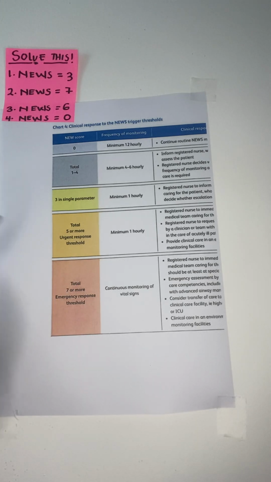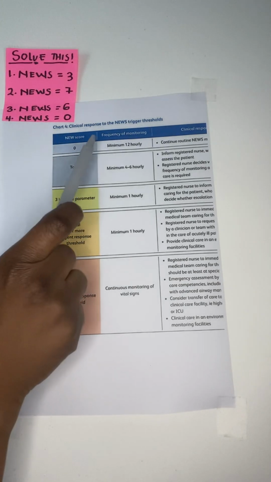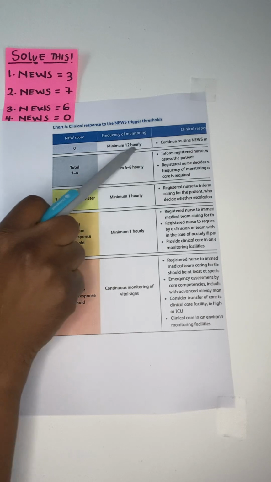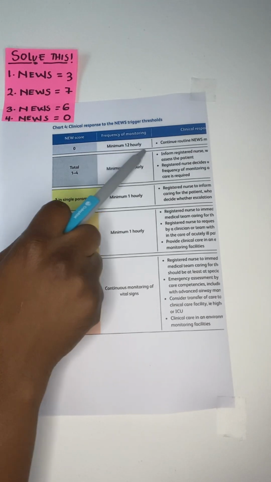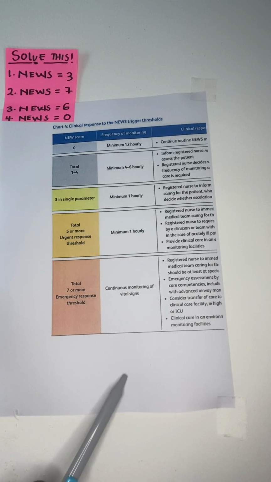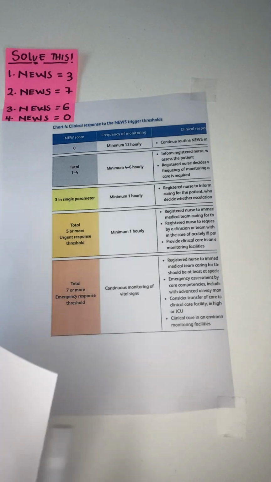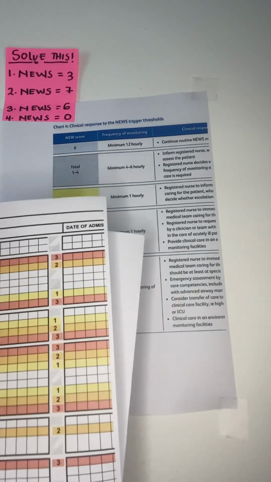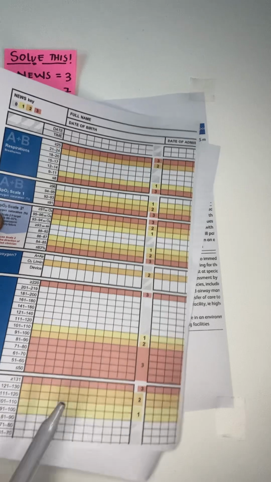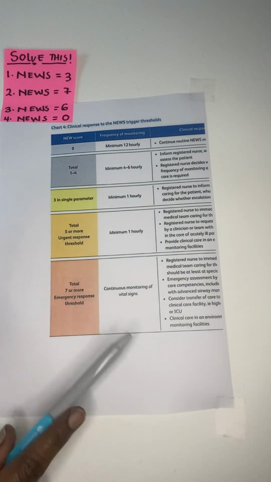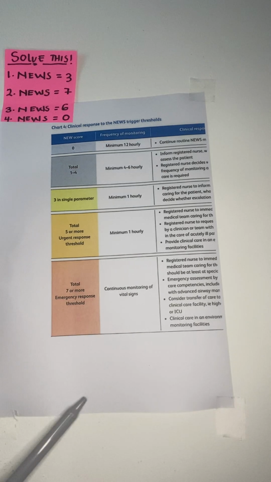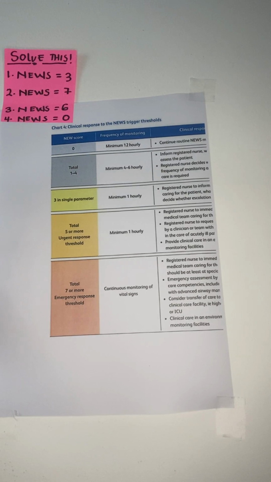So if your total NEWS score is 0, the document says that you are going to monitor the patient what? 12 hourly. If you watched my video yesterday, you would notice that beneath the total NEWS score there's also a monitoring frequency.